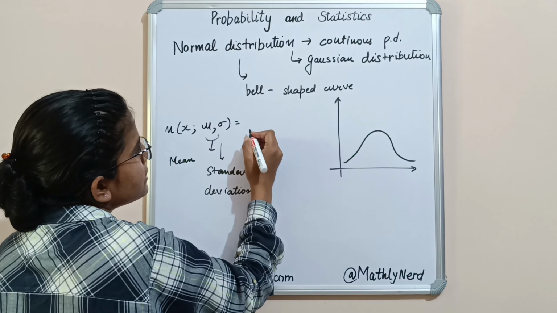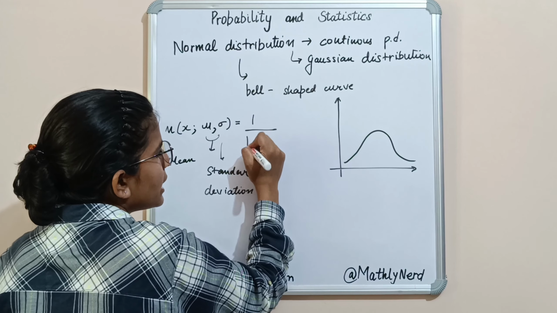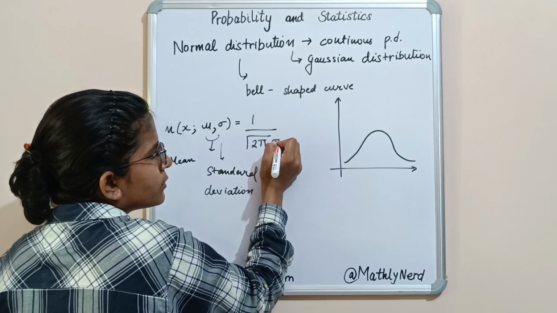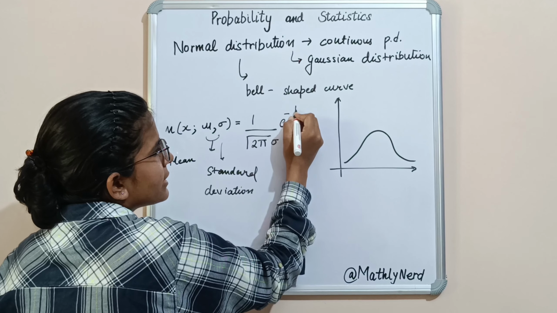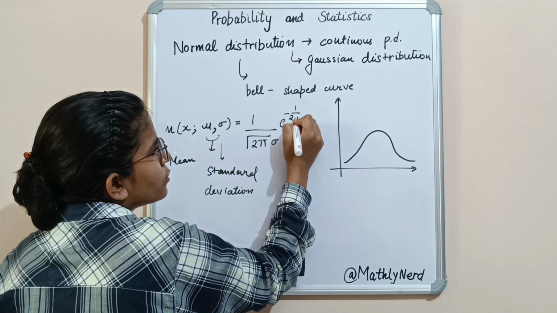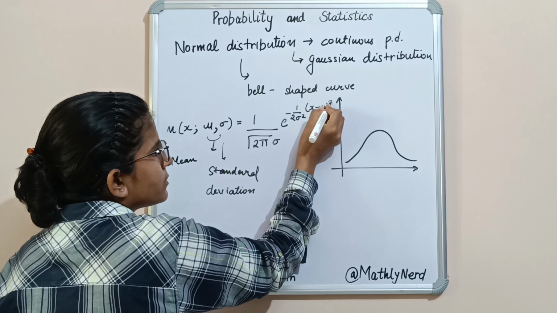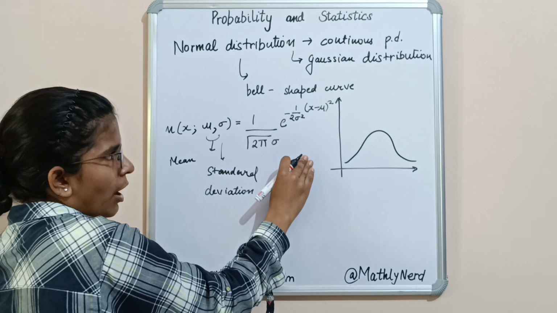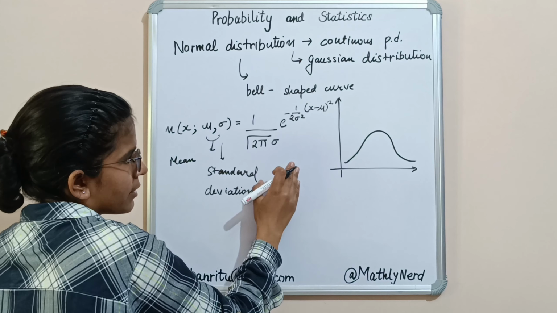This probability equals 1 by under root 2 pi into sigma into e raised to power minus 1 by 2 sigma square into (x minus mu) whole square. This is the function or expression for probability of a normal distribution.